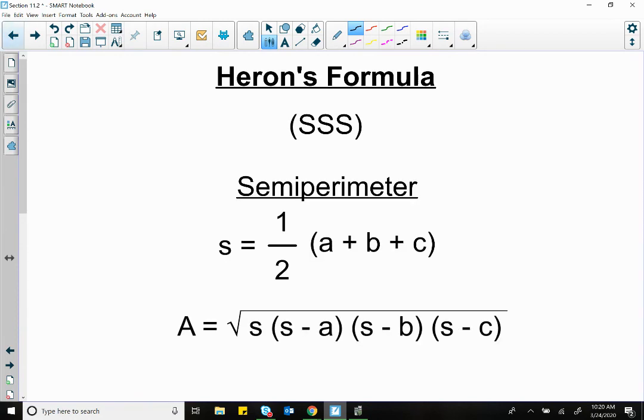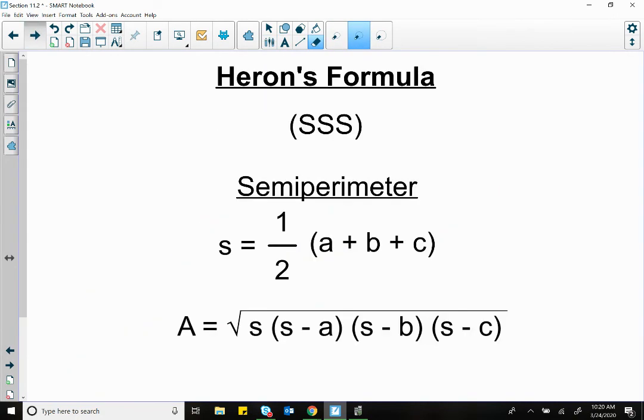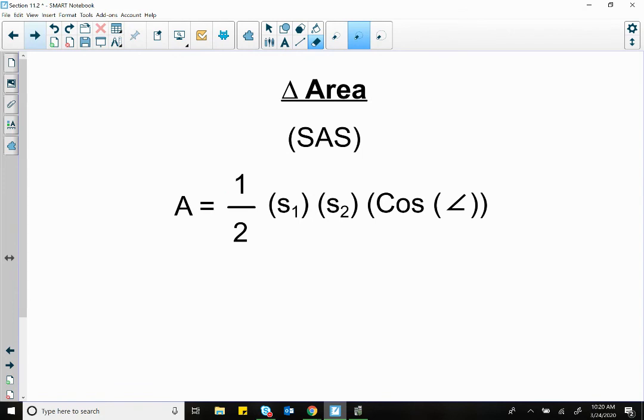So again, we could go back to these triangles right here, and this is a side 1, this is a side 2, there's the angle between, and we could find the area for it. But I'm not going to insult your intelligence. All this is just a formula. I think there's like 1 or 2 of these problems with the areas. One where they give you the Heron and one where they give you the side, angle, side.